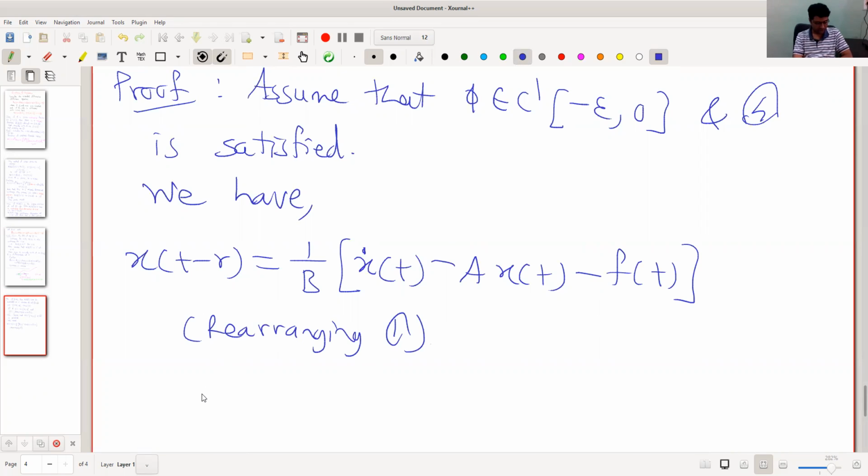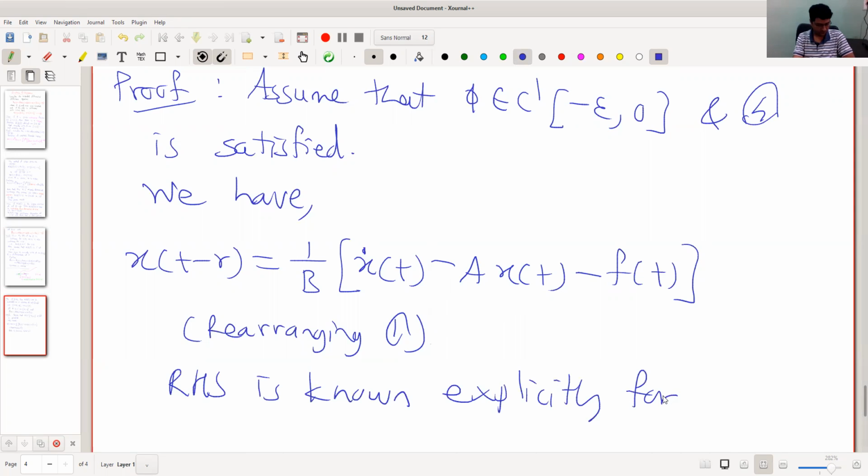Now, the right hand side of this equation is known explicitly for t in minus epsilon to 0 because x is a solution. x is nothing but x of phi f, it is defined on minus r to infinity. Okay, so the right hand side is known explicitly for t in the interval minus epsilon to 0. This is our assumption.